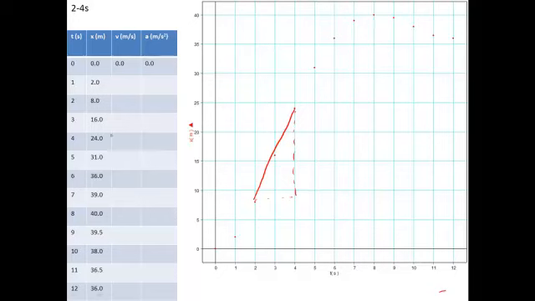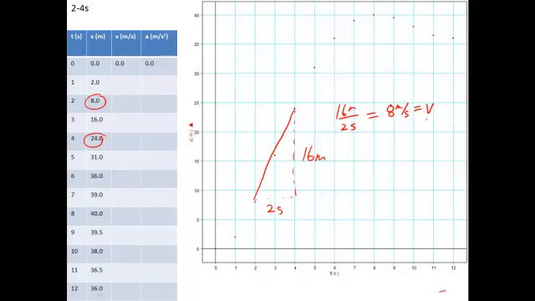At 4 seconds, I'm at 24, and at 2 seconds, I'm at 8. So my rise there is 16 meters, and my run is 2 seconds. So I get 16 meters divided by 2 seconds, or 8 meters per second, as my constant velocity during that time period.